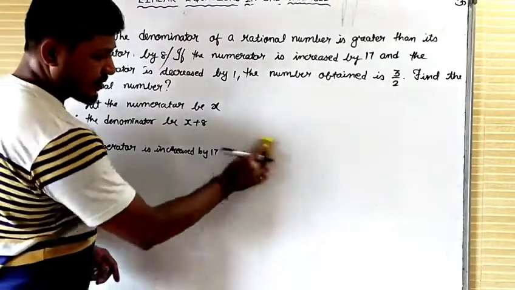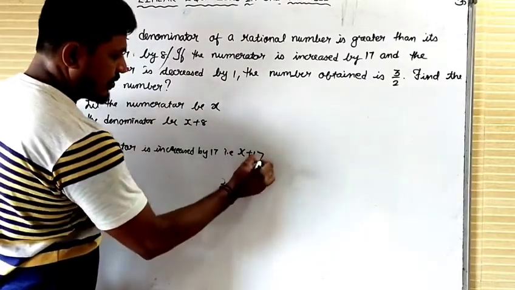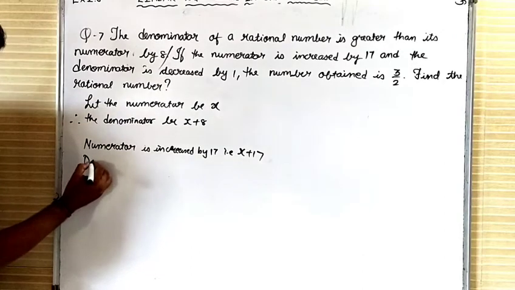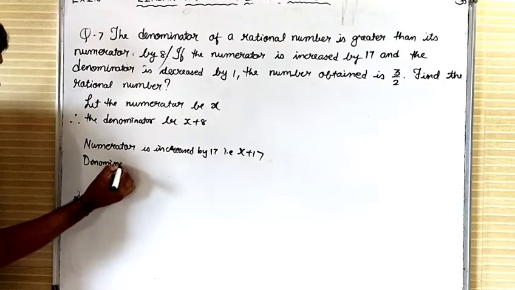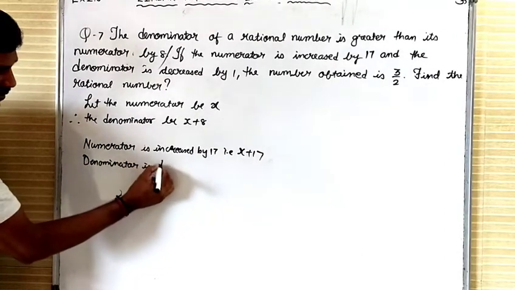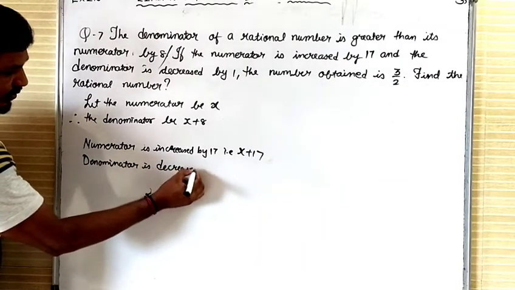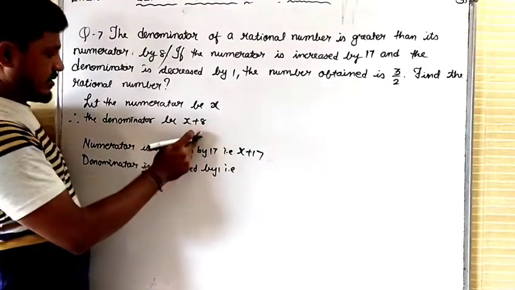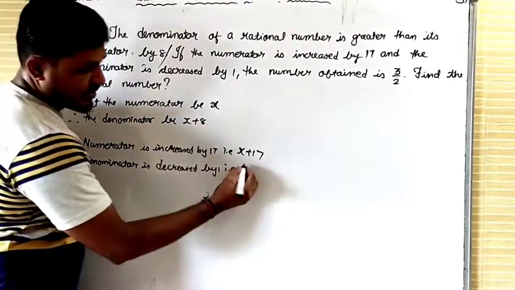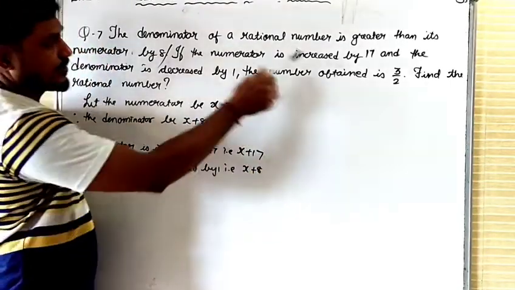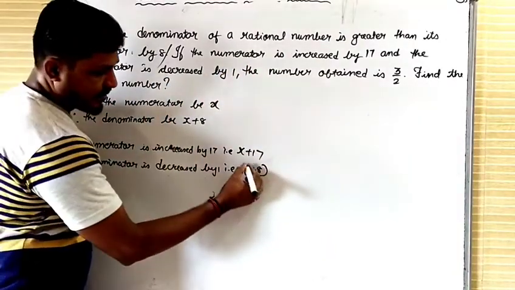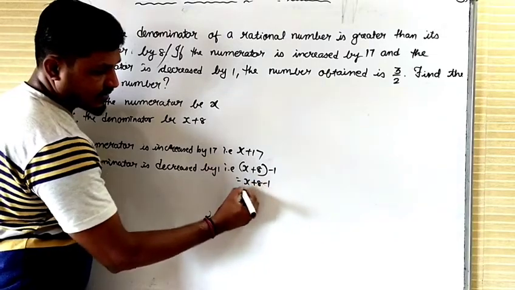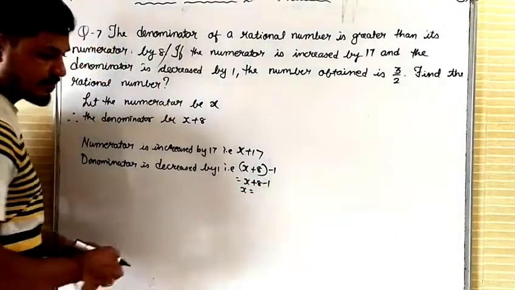Then the denominator is decreased by 1, write down over here: currently the denominator is x plus 8, and we have to subtract 1 from it, so you will get x plus 8 minus 1 gives x plus 7.